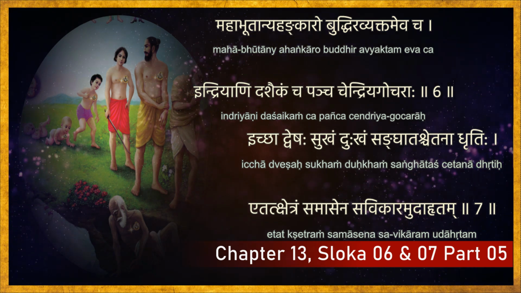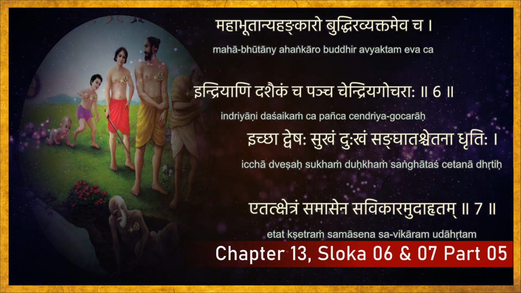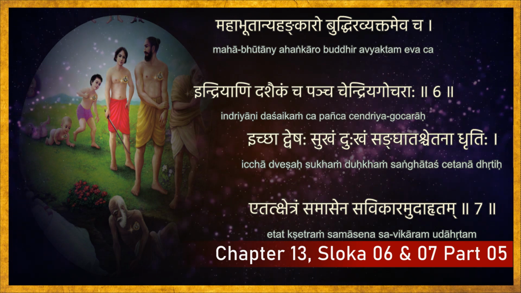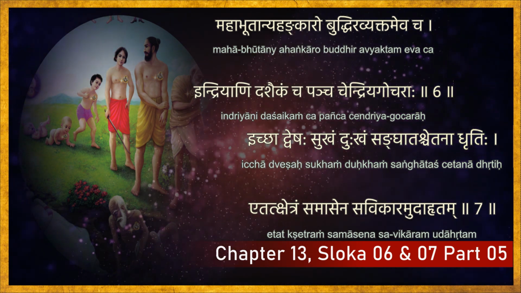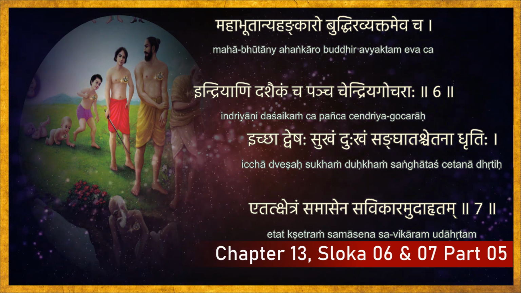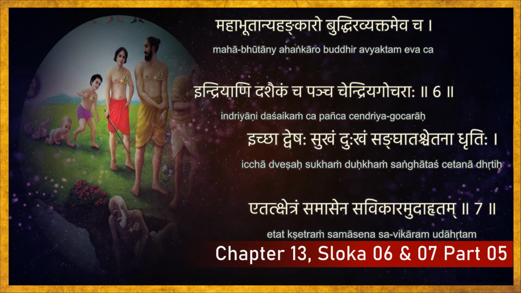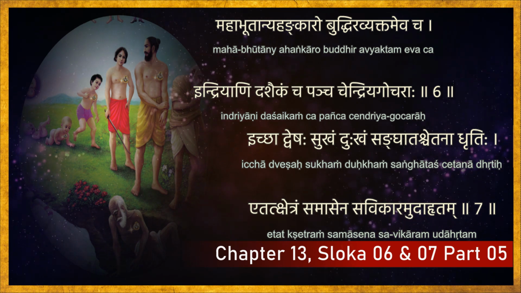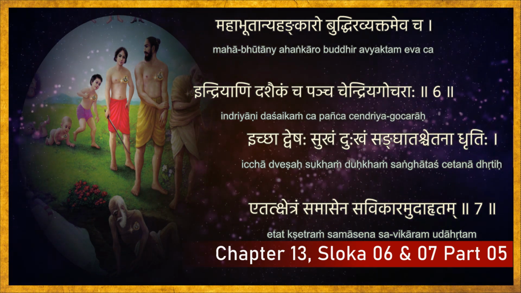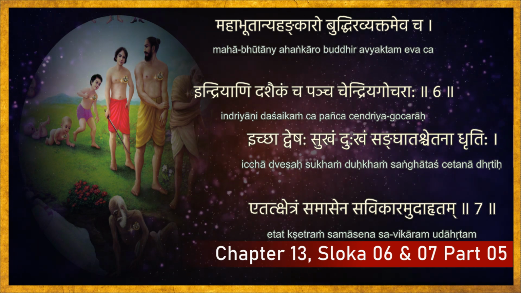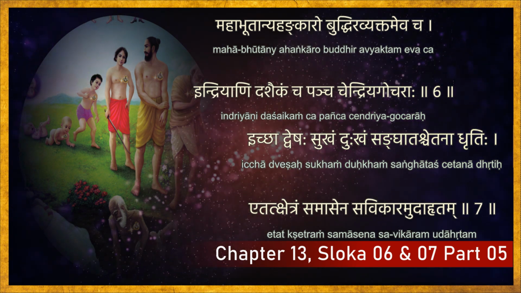One more time, from the tamasa ahaṅkāra, what comes first is shabda tanmatra. From shabda tanmatra, akasha comes. From akasha, sparsha tanmatra. From sparsha tanmatra, vayu comes. From vayu comes rupa tanmatra. From rupa tanmatra comes fire.